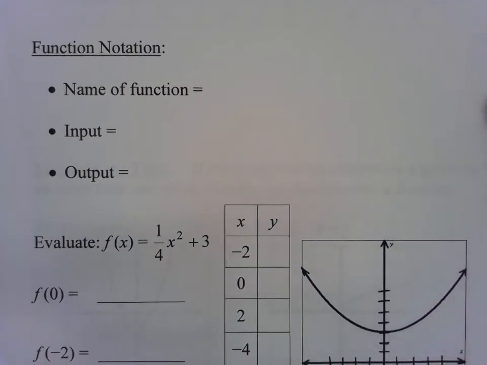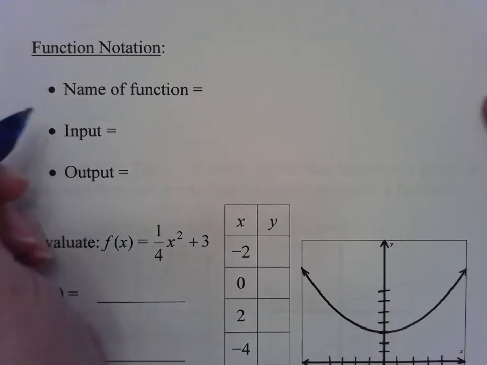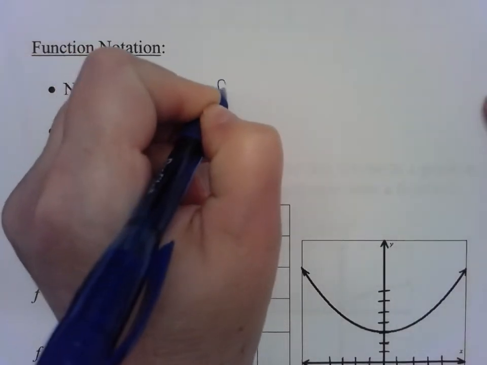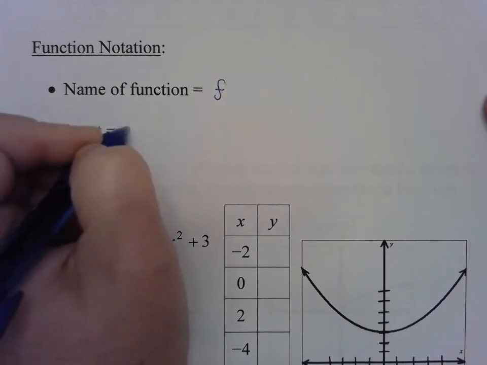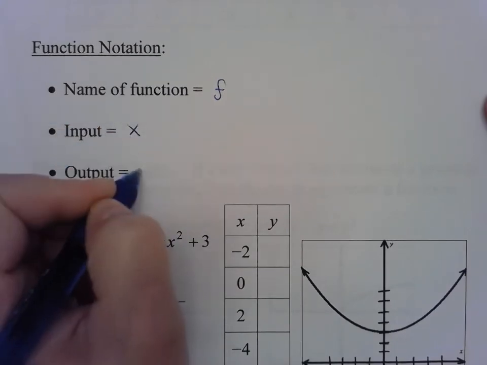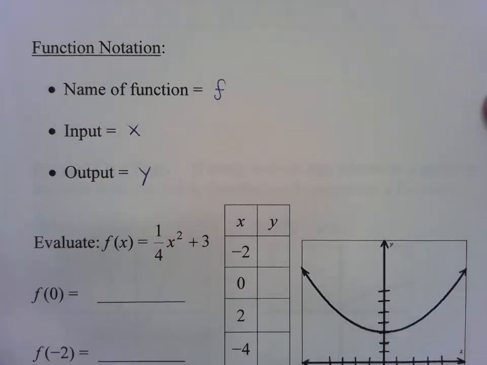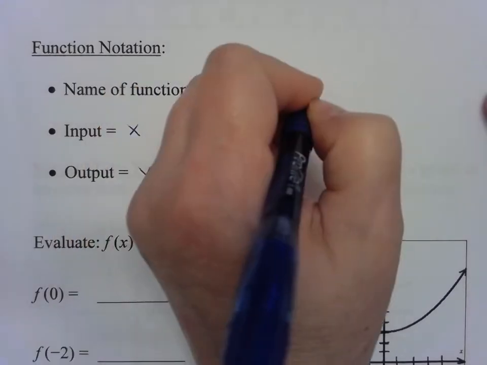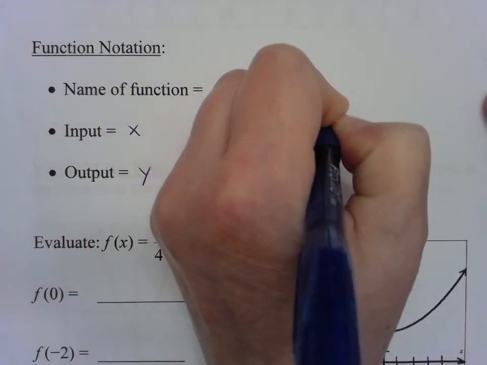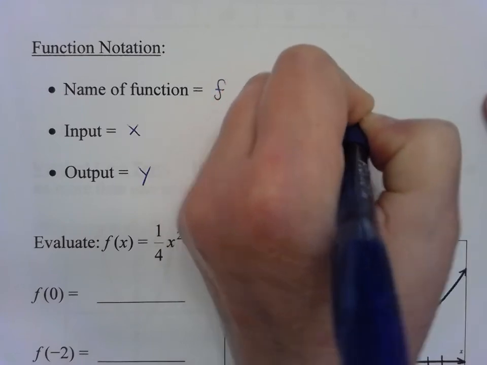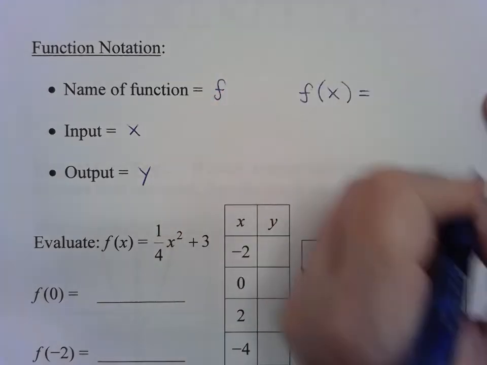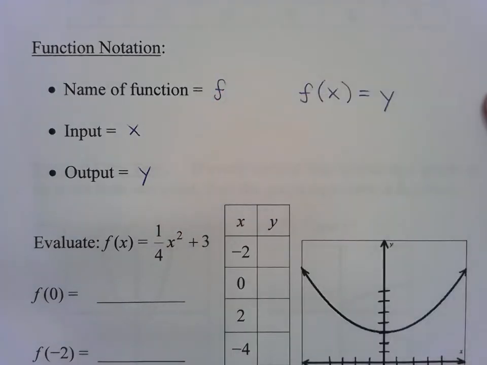One way to represent a function is with what's called function notation. It's just kind of a condensed way to give us a name for our function, to work with the input x and the output y. So we can say, hey, I'm talking about this specific function f. When I plug in this input x, this is the output that I get. And so it condenses all that information into one small sentence.